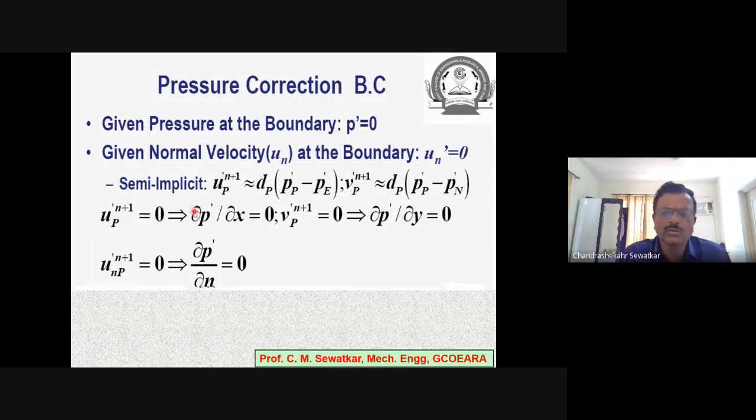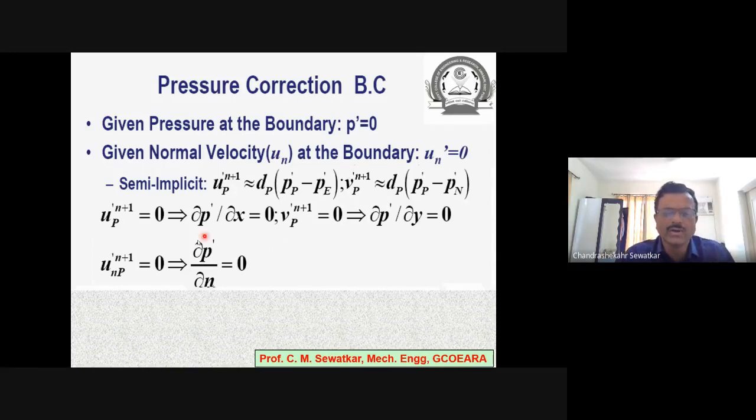and we all know how to implement this boundary condition. If dp prime by dx is equal to 0, it means the value of pressure correction on the boundary is a function of the value of pressure correction at the inner cell. So PP prime on the boundary is equal to PP prime at the cell center which is close to the boundary.